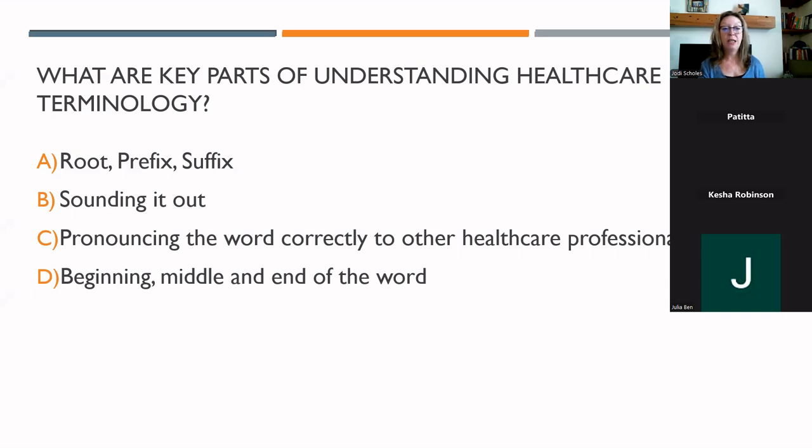D, the beginning, middle, and end of the word. What are the key parts of understanding healthcare terminology? Is it the root, prefix, and suffix, sounding it out, pronouncing the word correctly to other healthcare professionals, or the beginning, middle, and end of the word? Okay. 3, 2, 1, go.